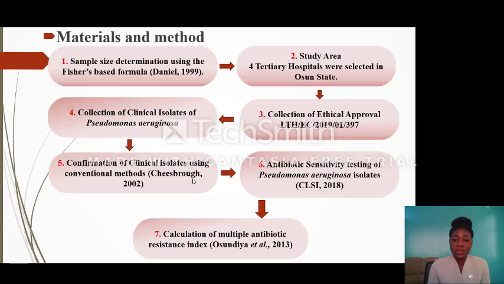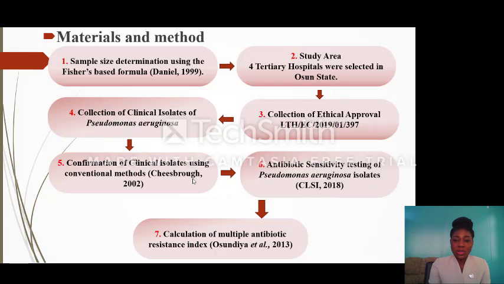After which, the antibiotic sensitivity testing of the Pseudomonas aeruginosa isolates was carried out following the Clinical and Laboratory Standards Institute (CLSI) Guidelines 2018. The turbidity of the inoculum was standardized using the 0.5 McFarland standard, and the results of the sensitivity test were categorized as sensitive, intermediate, or resistant following the CLSI 2018.